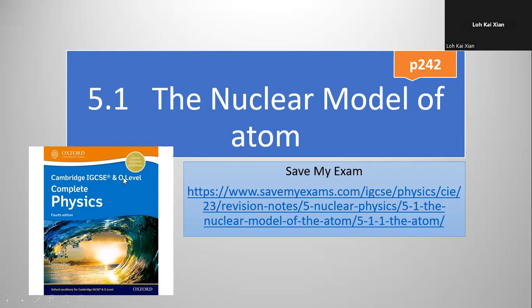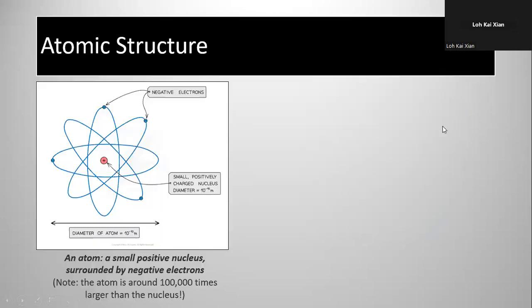So textbook usually will not conform exactly to the syllabus. Sometimes they add extra so that those students who are inquisitive, who want to know more, can go and read up more. That's the whole idea of textbook. So not everything in the textbook is required for your exam. Okay, atomic structure.